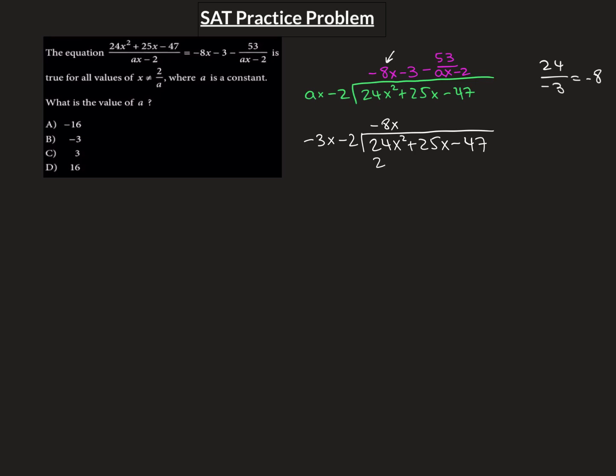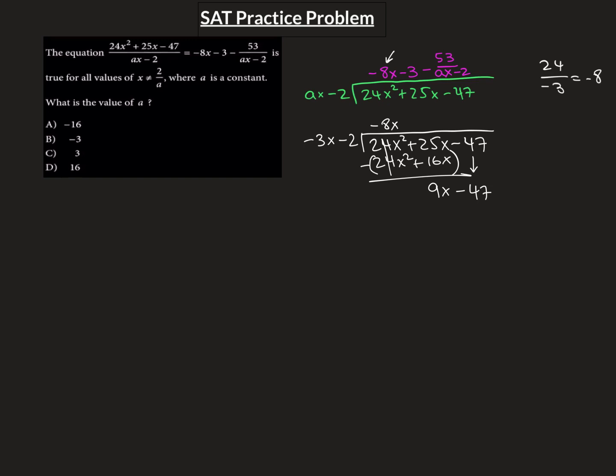So that means we have, positive, and then of course we have the negative here, 24x² + 16x. So we would have to do 25 minus 16 because of that negative outside. So we get 9x − 47.